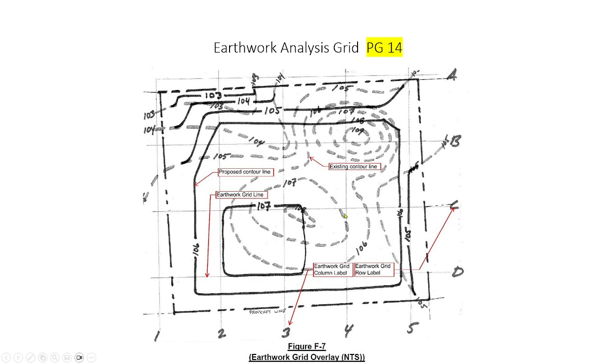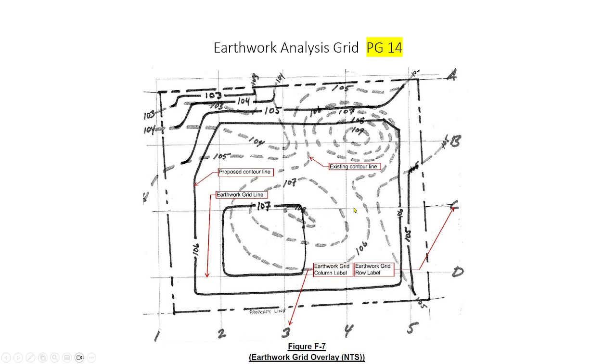But let's take this existing grade of 106 and look at how far it is over to 107. If I go halfway, and this is guessing, that's over halfway right there at the corner. So this would be 106.5.